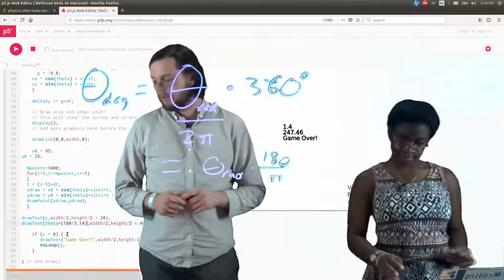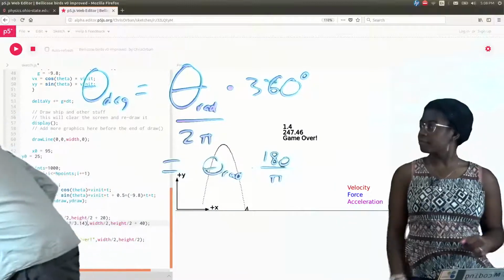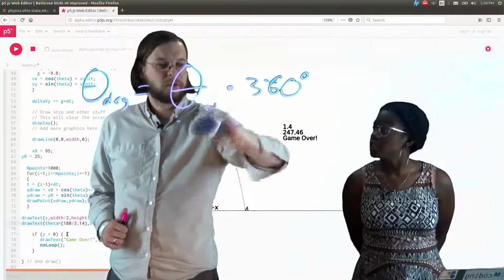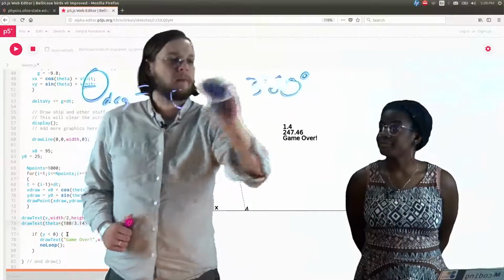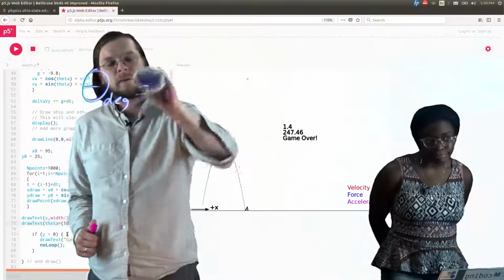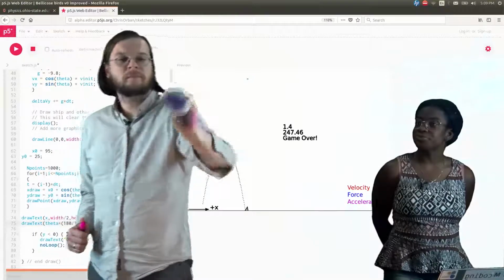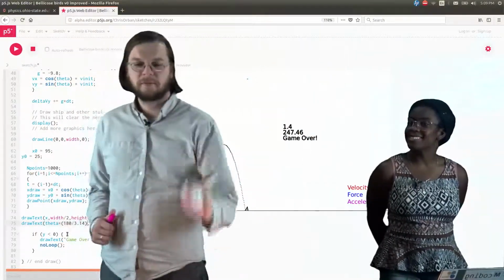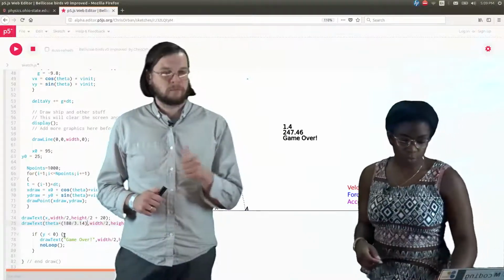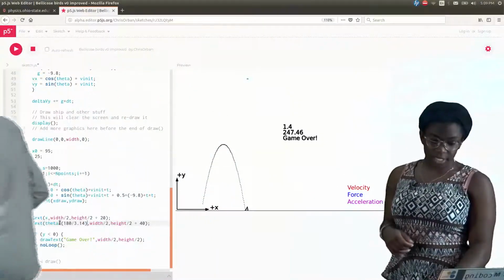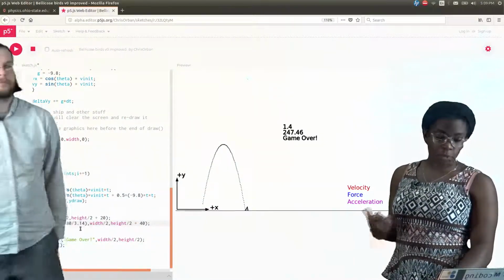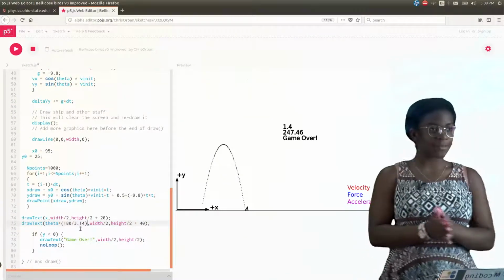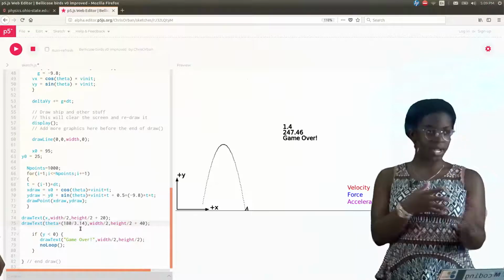Okay. So where we left off, we had our theta times 180 divided by 3.14 or pi in order to get it to be in degrees instead of radians when it writes it to the screen.